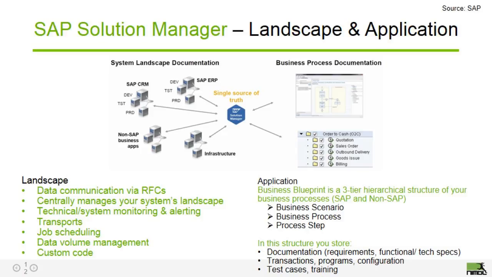Business scenario, under which you have multiple business processes, and then under the business processes, you have the process steps. Against that structure, you are able to store documents such as requirements, functional specs, technical specs, etc. You're able to store transactions, programs, configuration elements, development objects, test cases, training documents. All of that can be stored against that structure.